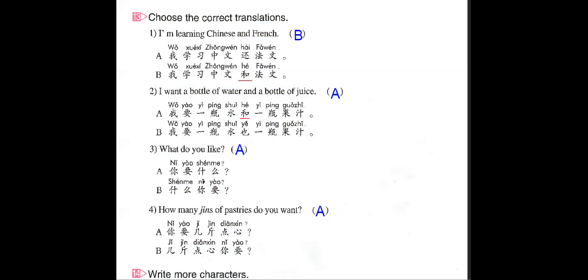Number 3, what do you want? Here, the problem is the order of the sentence. In the book, the correct order is 你要什么, and it's not 什么你要. This is incorrect. So the correct one is 你要什么, the first one. And number 4, how many jin? Remember, jin, half a kilo, 500 grams of sweets, do you want? 你要几斤点心? 几斤点心你要?